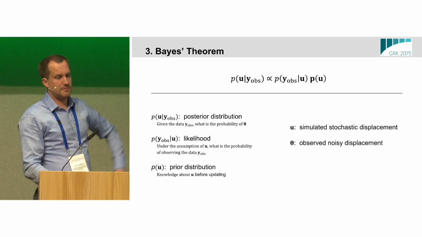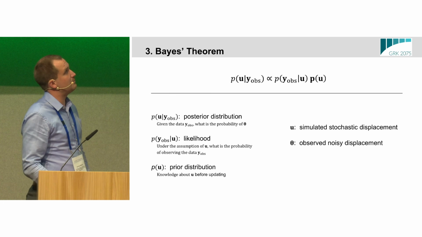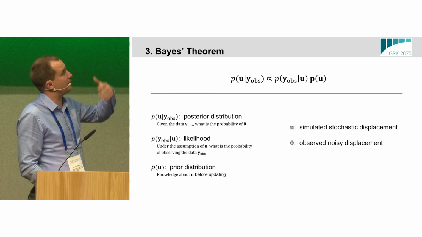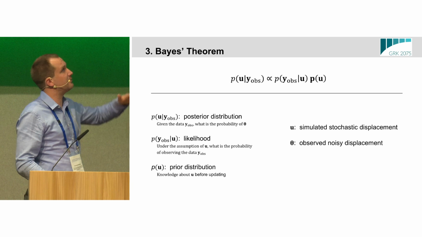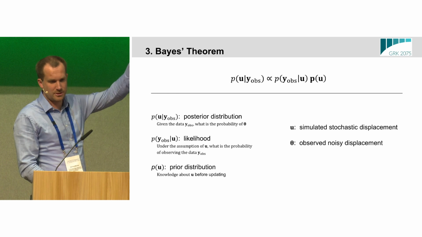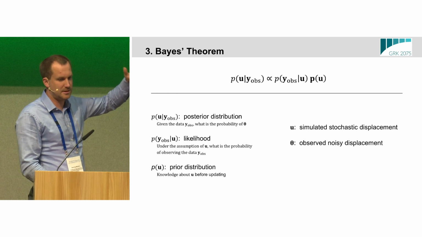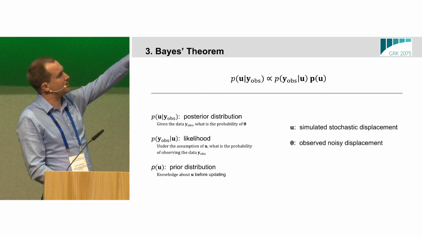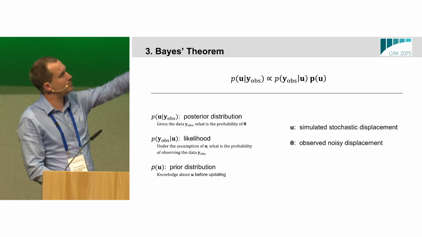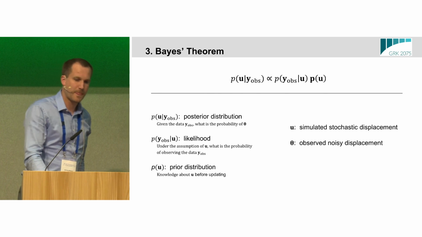This is based on Bayes' theorem. Bayes' theorem gives an expression for the posterior distribution. That means, given that we have observational data, what is the probability of our displacement U? So it's wrong here, it should be the probability of our displacement.